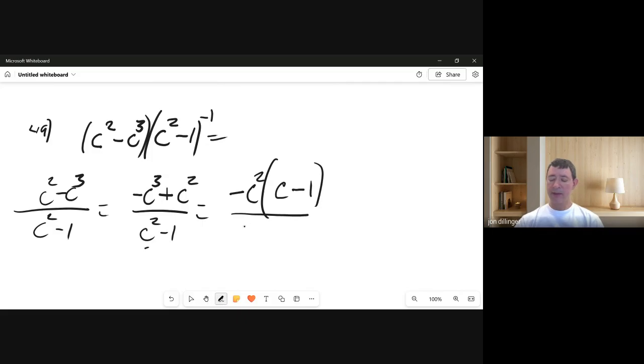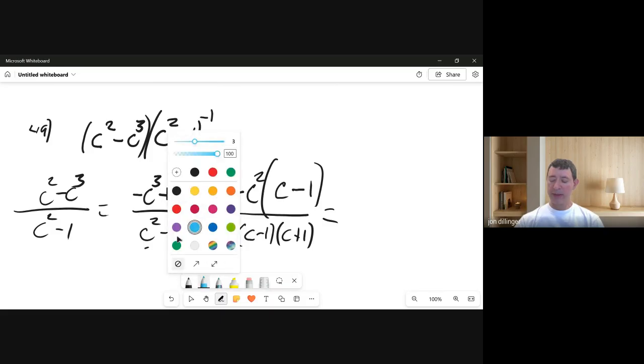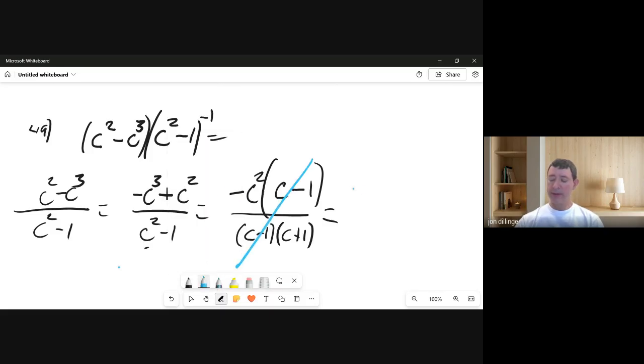That's the same thing as c minus 1 and then c plus 1, right? So at this point you can just cancel this, right? And you're left with negative c squared over c plus 1.